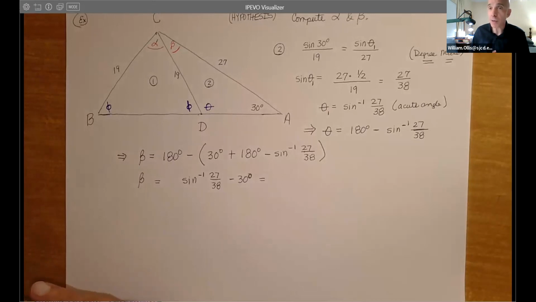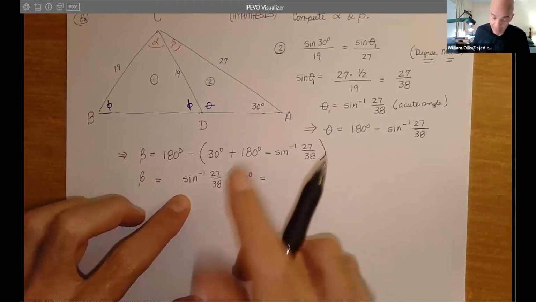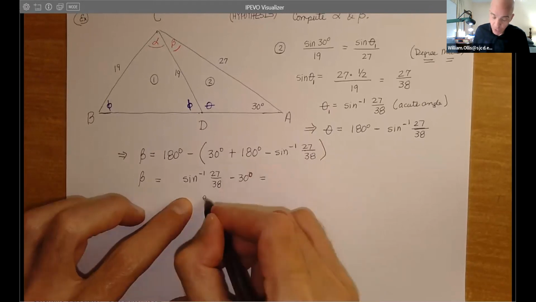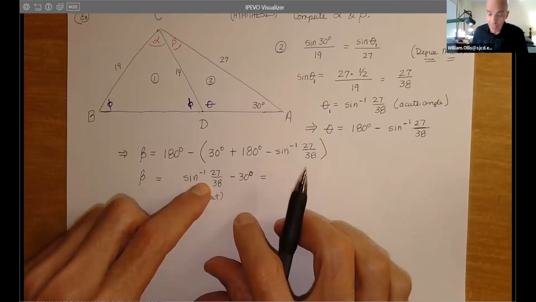So I have to thank Cengage and North Carolina State for making available a complex computer algebra system that's going to help my students get better. So now here's exact, this is exact. So Professor Ron and his students can go to the Google calculator in degree mode and get beta.